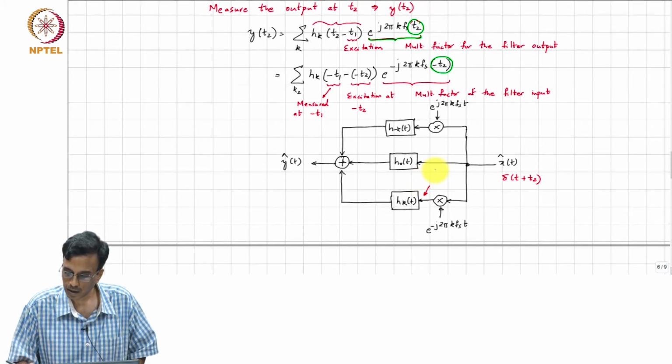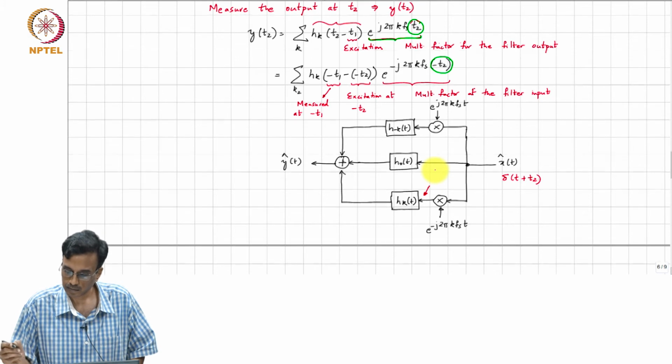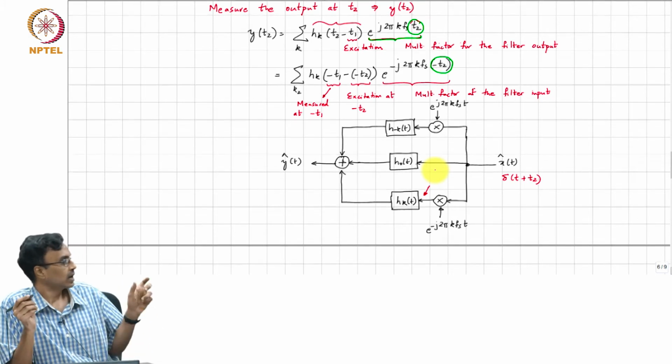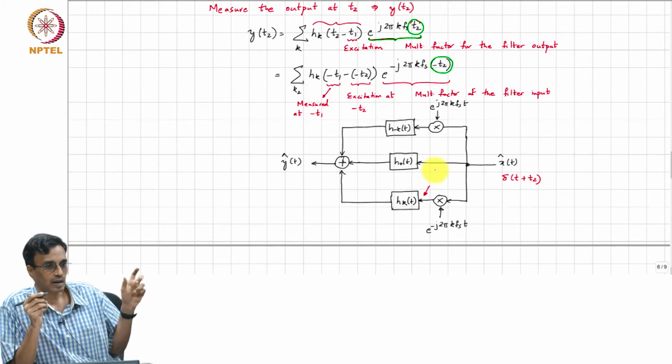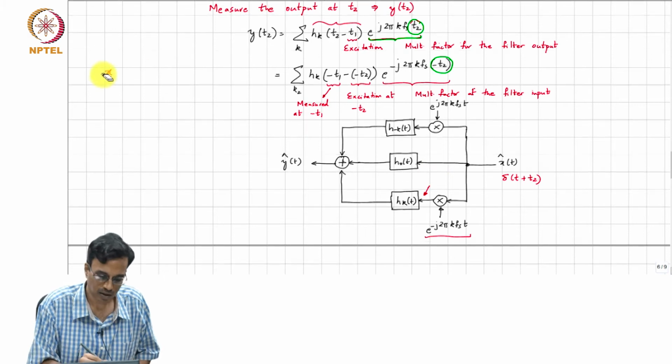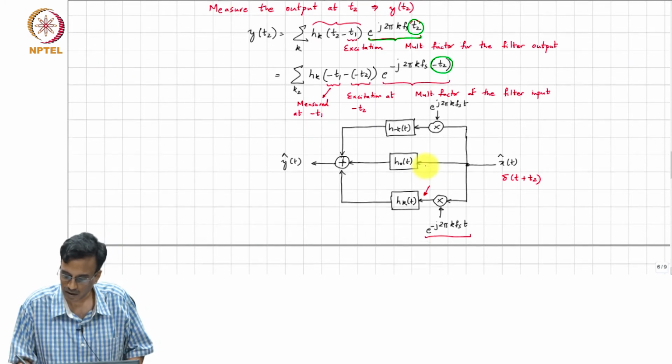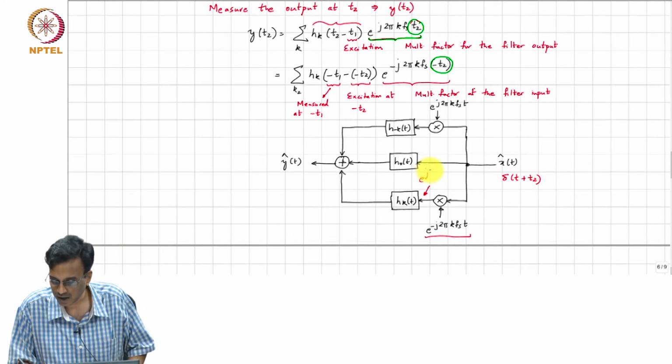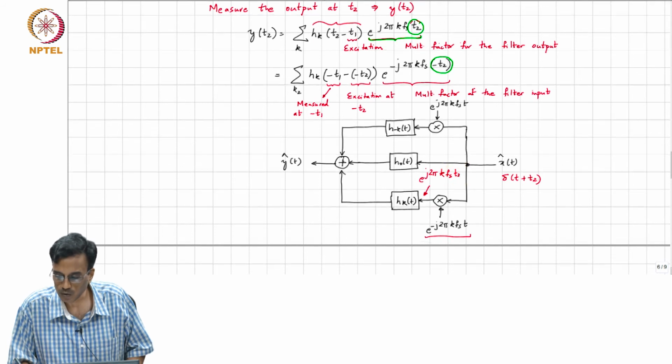This is going to be delta times e to the minus j 2 pi k fs times t2. If you take an impulse and multiply it by e to the plus j 2 pi k fs t, what do you get at the output? You get e to the plus j 2 pi k fs times t2 times delta of t plus t2.